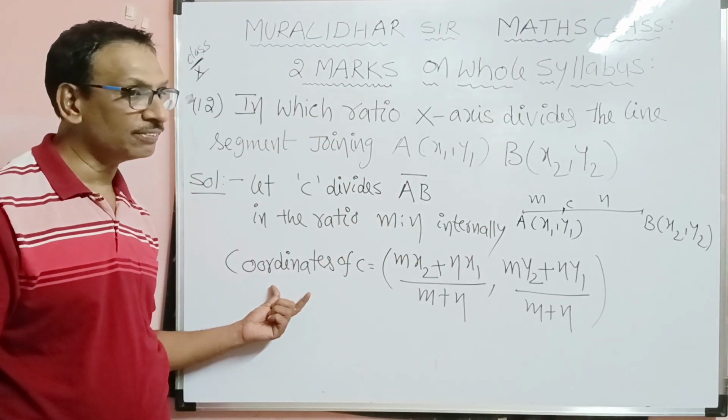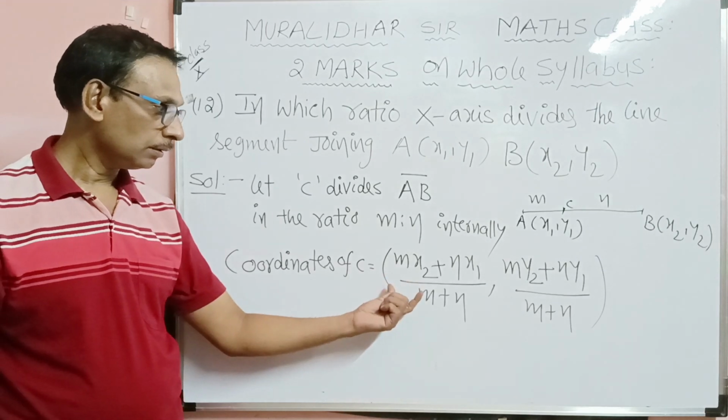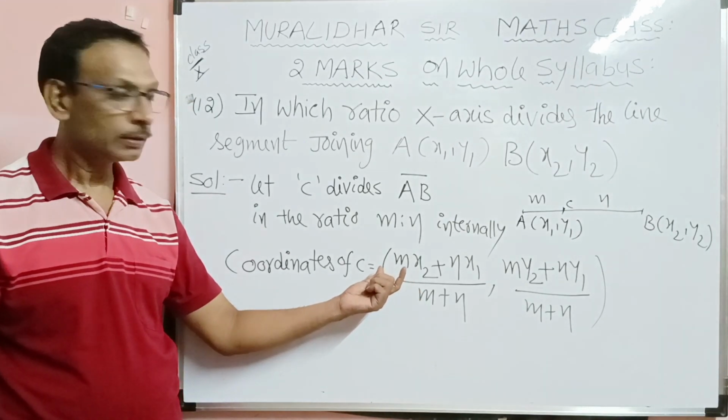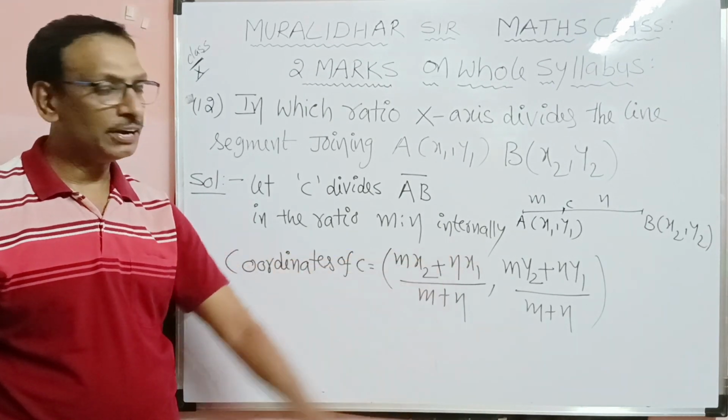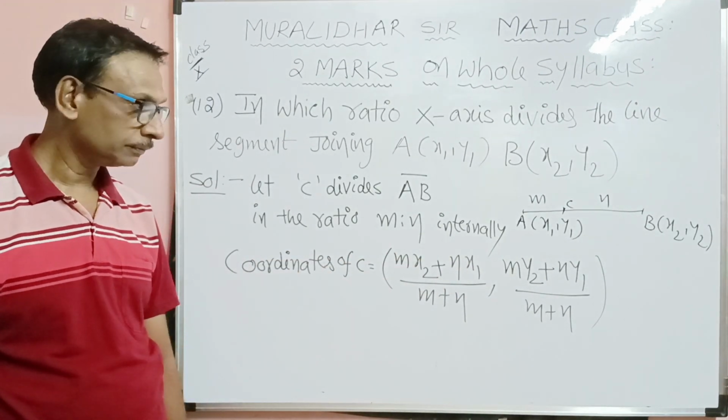The coordinates of C are in the form of (mx2 plus nx1) by (m plus n), (my2 plus ny1) by (m plus n).